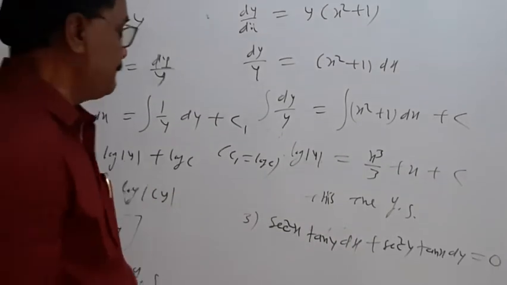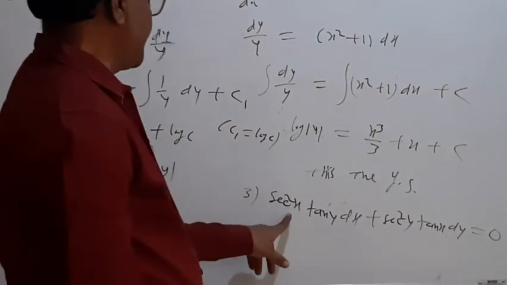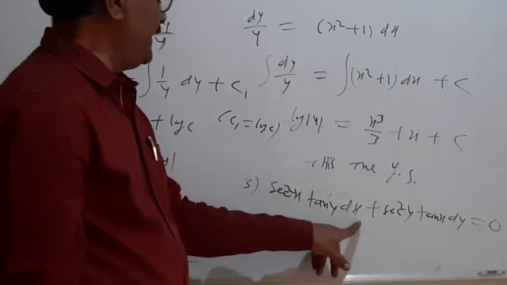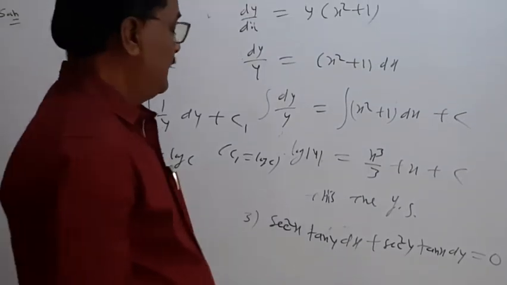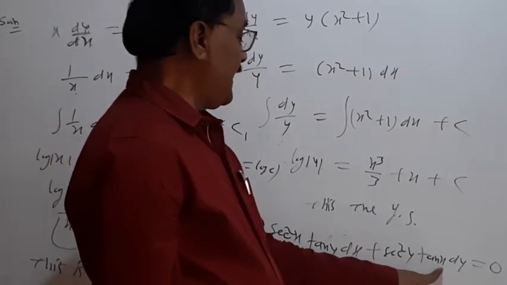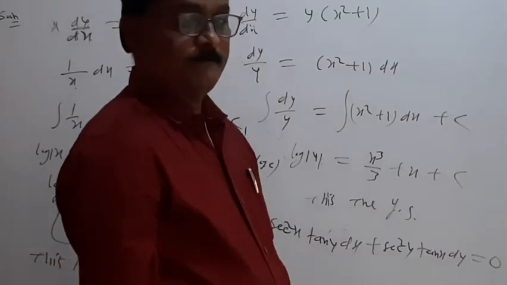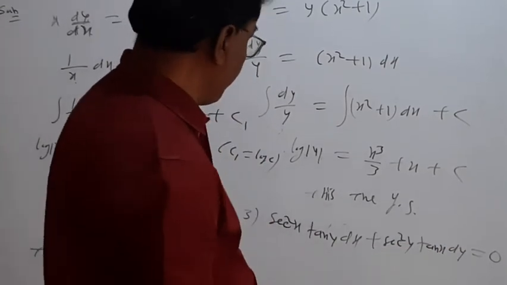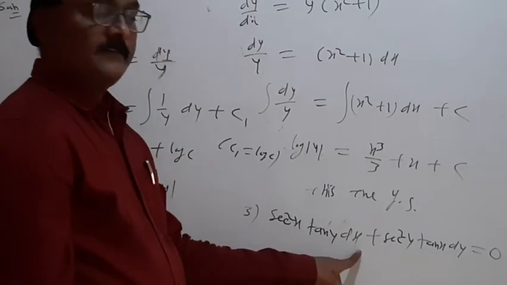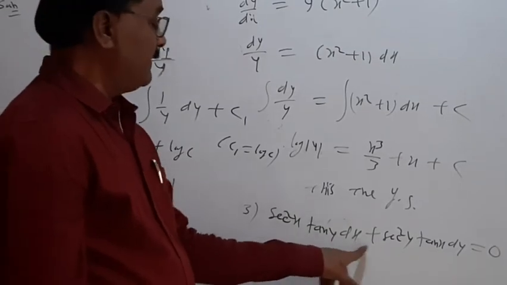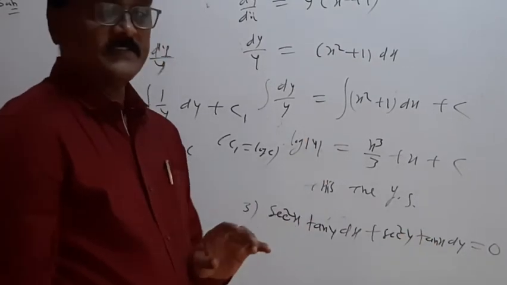Another example, say sec square x tan y dx plus sec square y tan x dy is equal to 0. To convert into variable separable form, that means dx with the variable of x on this side, and dy with the variable of y on this side.